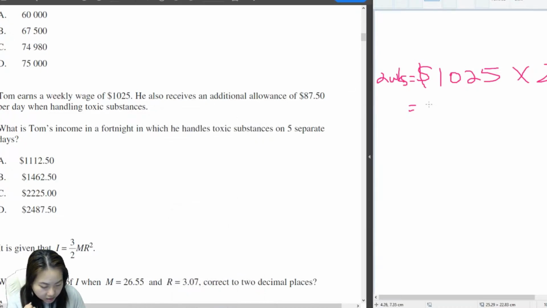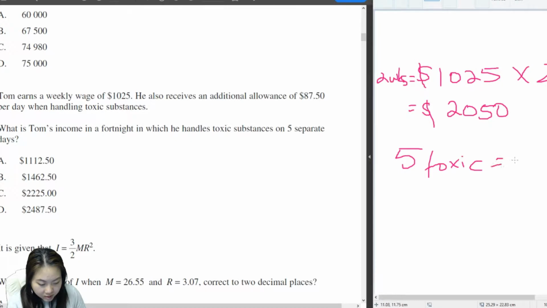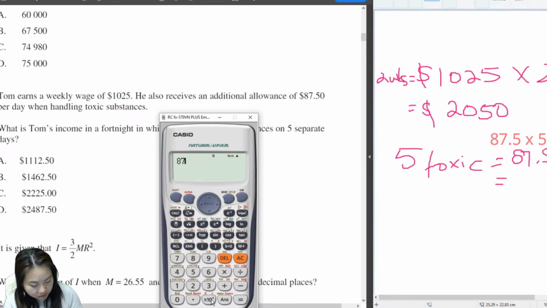I don't even need the calculator. $2,050. And then 5 separate days in which he handles toxic substances. Each day he handles it, he gets $87.50 times 5, which, this time I do need my calculator.